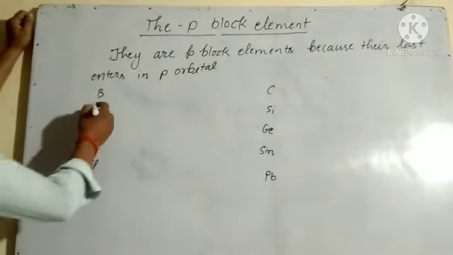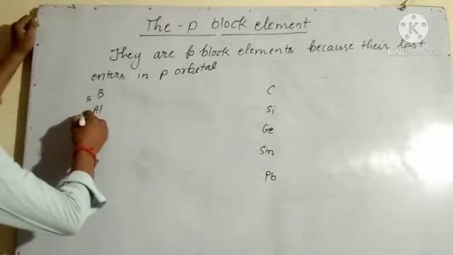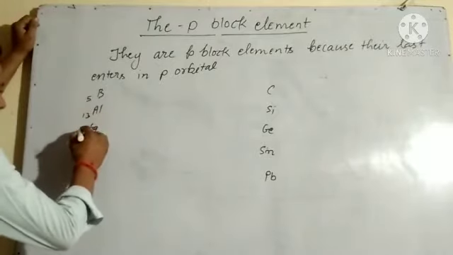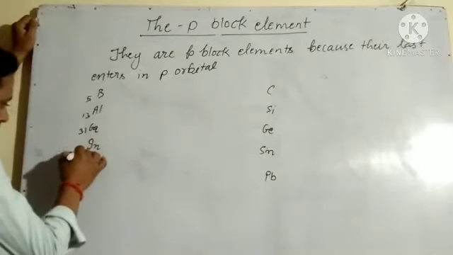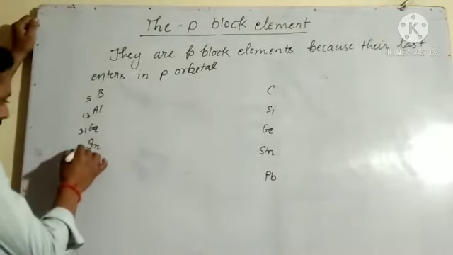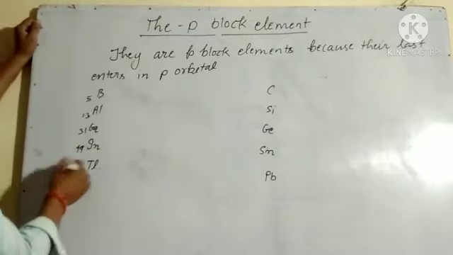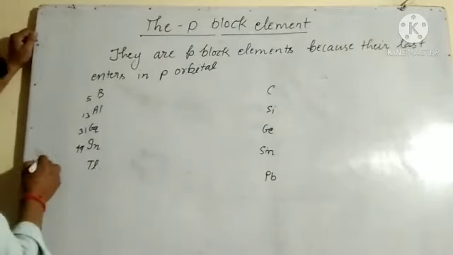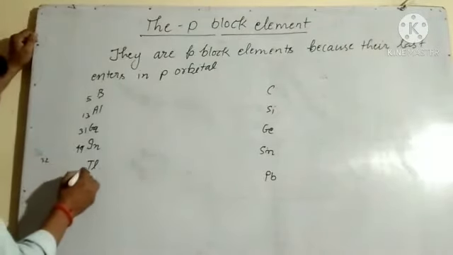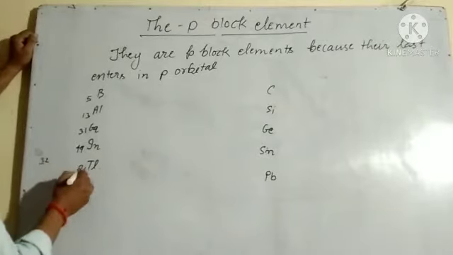If I write the atomic numbers 5, 13, 31, 49, and if we add 32, what will be 81.